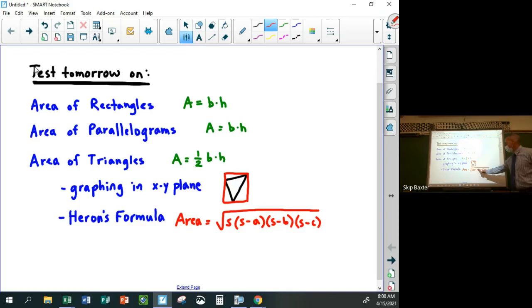A, B, and C are the lengths of each side. Okay. Any questions so far?